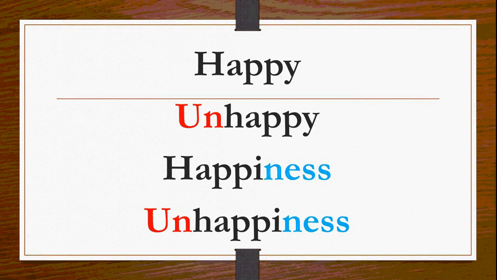Happy is an adjective, and unhappy is another adjective. Happiness is a noun, and unhappiness is another noun. But even though they belong to the same category, they are different lexemes, right? So that's something you need to have clear in your head: you can have a different lexeme with the same category, because it doesn't matter if you have the same category. The most important thing is that you have a different lexeme. That's the most important thing in derivation.